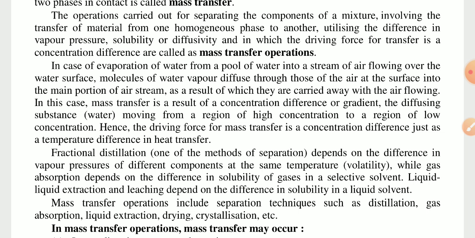In this case, mass transfer is a result of a concentration difference or gradient. The diffusing substance moves from a region of high concentration to a region of low concentration.